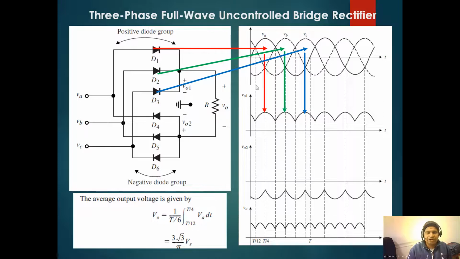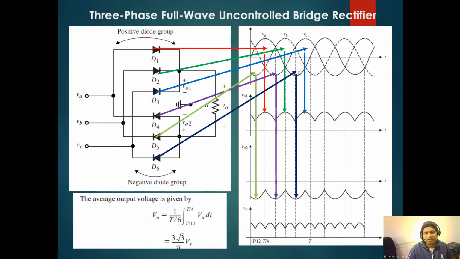Similarly, in the negative half cycle, which one will conduct first? D4 conducts and you get this negative peak, D5 conducts and you get this negative peak, and D6 conducts and you get this negative peak. So this minus this is your output voltage.